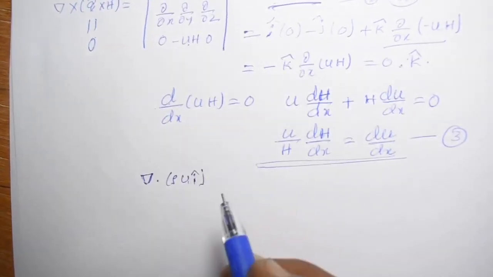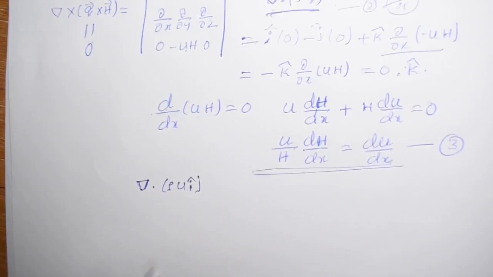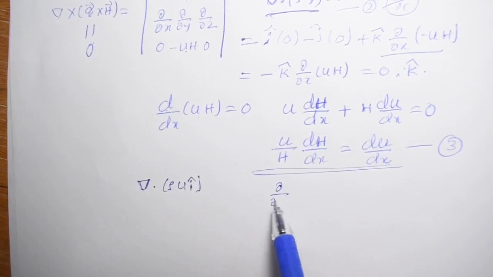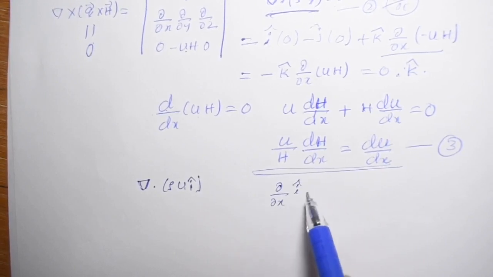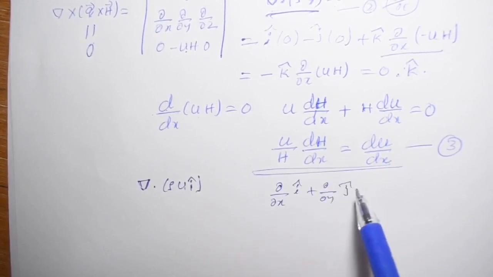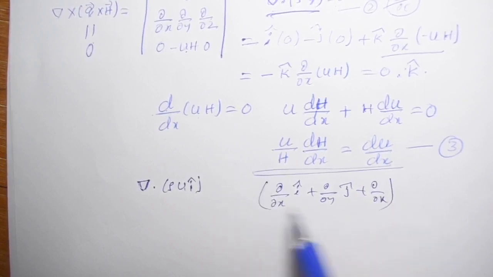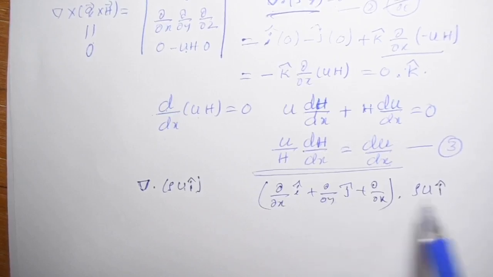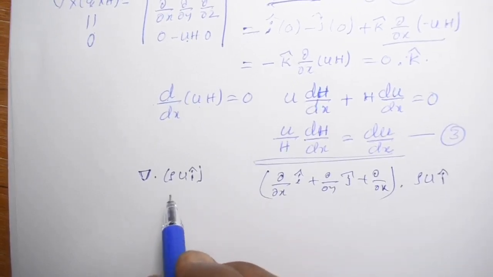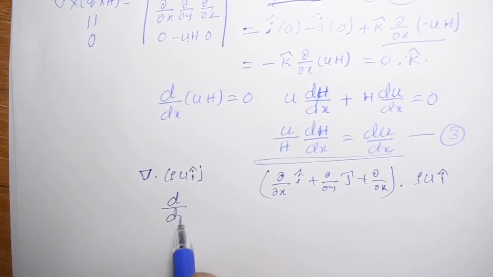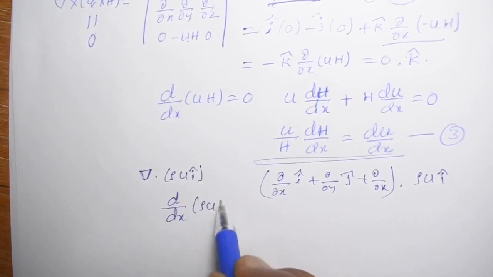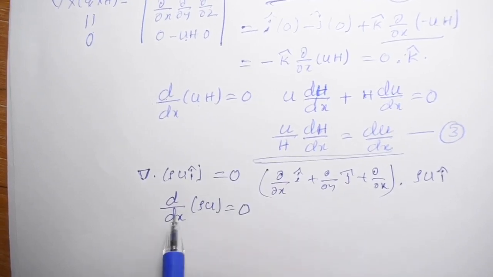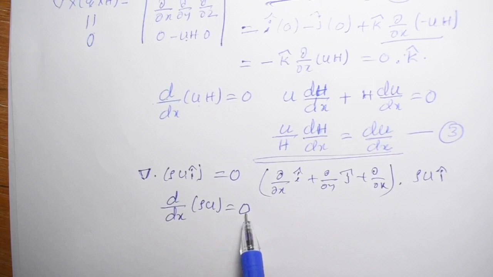So after applying the divergence, means del by del x of i plus del by del y j plus del by del z k dot rho u into i. Then by taking the dot product you are going to get simply d by dx of rho into u is equal to 0, because the continuity equation becomes 0.